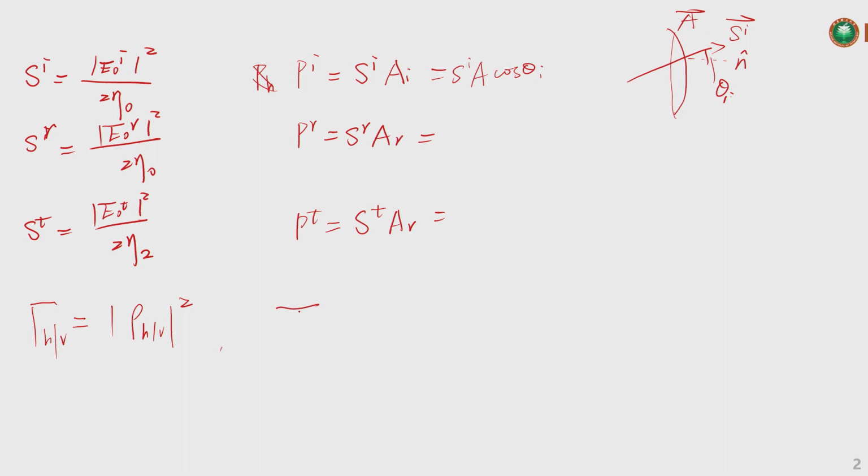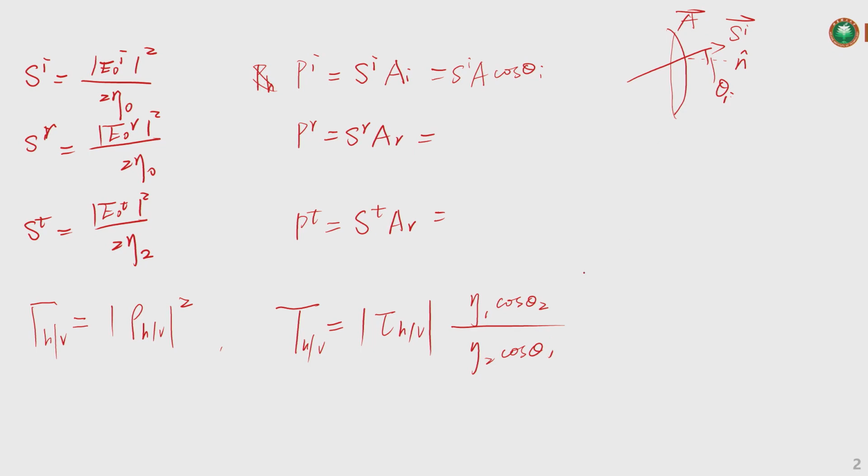And for the transmittivity, it can be expressed also using the transmission coefficient times eta 1 cosine theta 2 divided by eta 2 cosine theta 1.